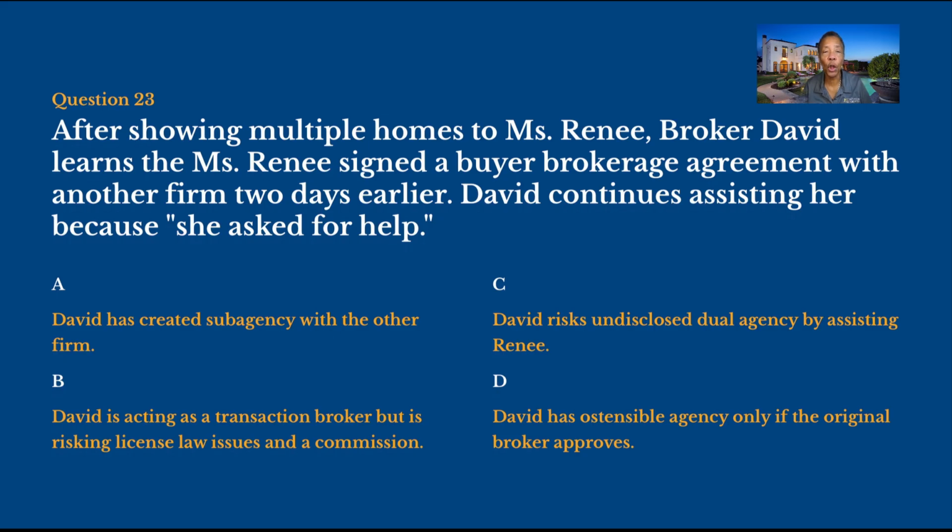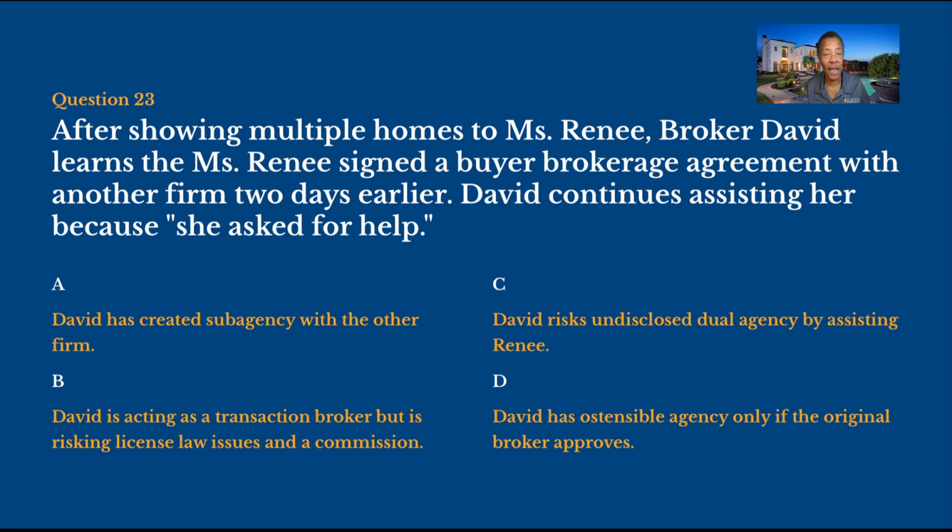23. After showing multiple homes to Miss Renee, broker David learns that Miss Renee signed a buyer brokerage agreement with another firm 2 days earlier. David continues to assist her anyway because she asked him for help. A, David has created subagency with the other firm.